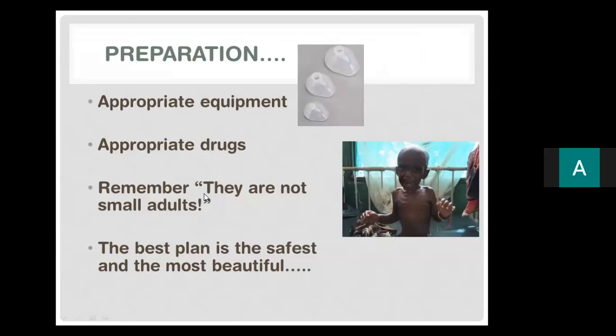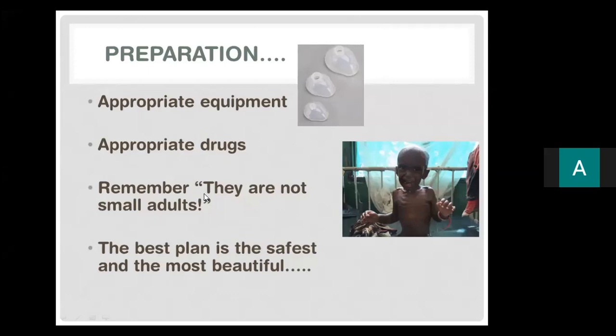So even regarding preparation, you want the appropriate equipment for their age, for their size, for their physiology, and the appropriate drugs for the procedure, for their size, for their weight, for their physiology. I can echo this time and again.